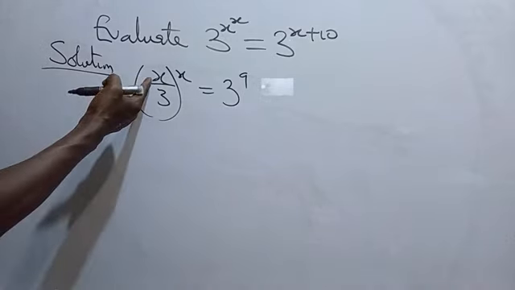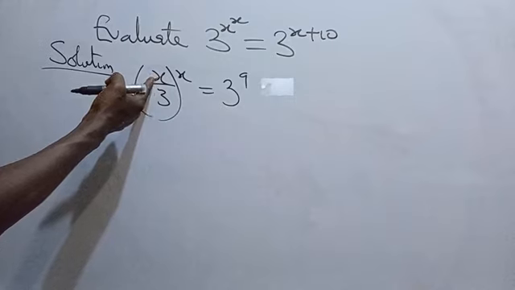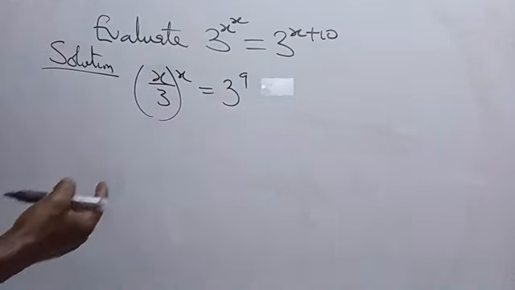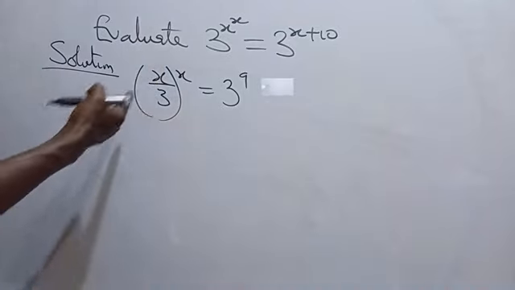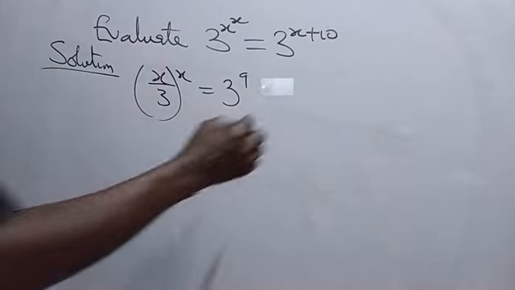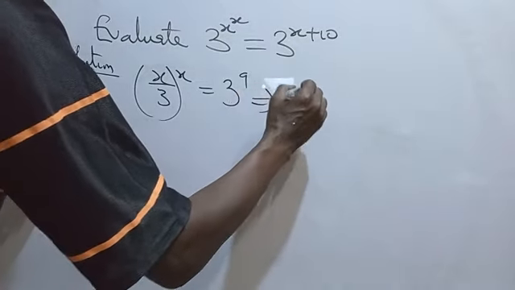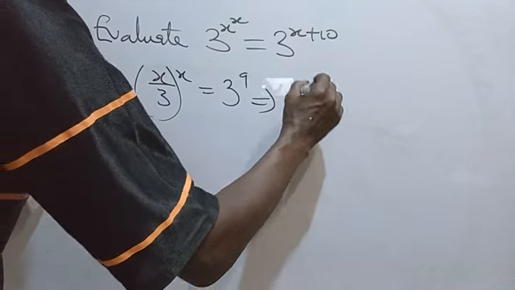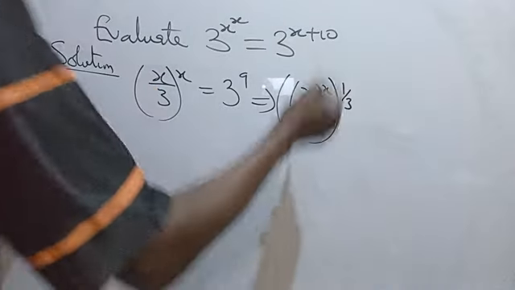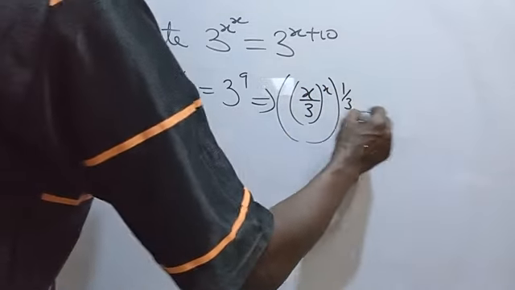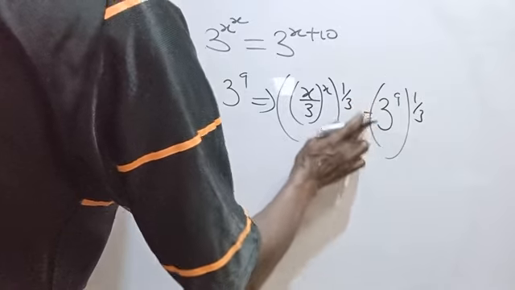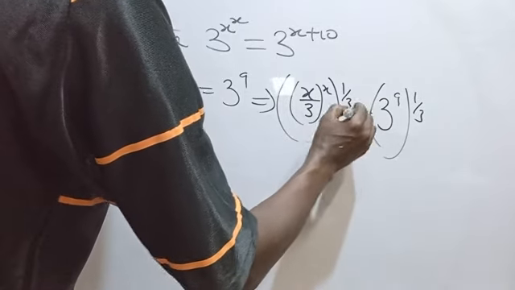This exponent is x over 3, which is x times 1 over 3. Let's find the 1/3 root of these two sides of the equation. So what I'm saying is this: we have x all over 3 raised to x, now raised to 1 over 3, yes, that's the 1/3 root of the exponent, and 3 raised to 9, raised to 1 over 3. Okay, I hope that is clear.